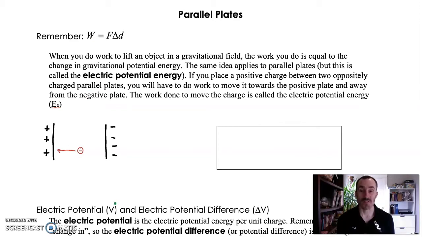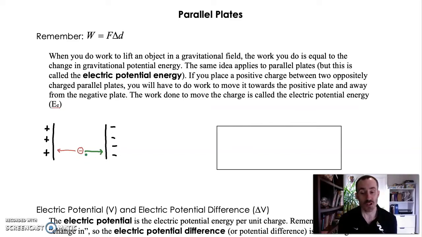Okay, so work is force times displacement, right? So in order to move it this way, you would have to exert a force this direction over a displacement in order to get it to that negative plate. Now you can kind of think about it like you would be compressing a spring.